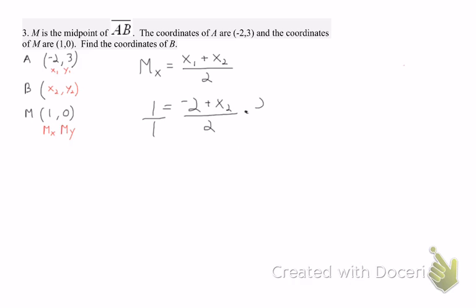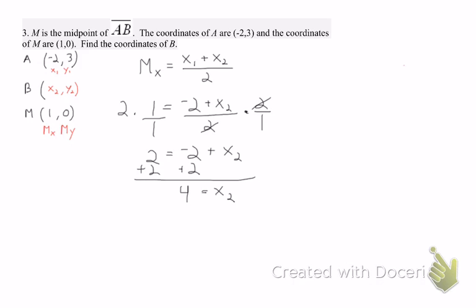So I'll multiply by 2, and we can see that the 2's cancel, since 2 divided by 2 is 1. What we get is 2 equals -2 plus x2. To bring the -2 to the other side, we add 2, and we see that the x-coordinate of our endpoint B is equal to 4.